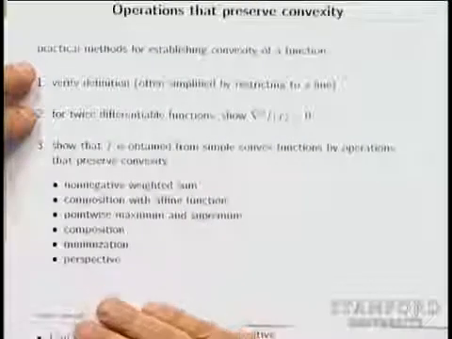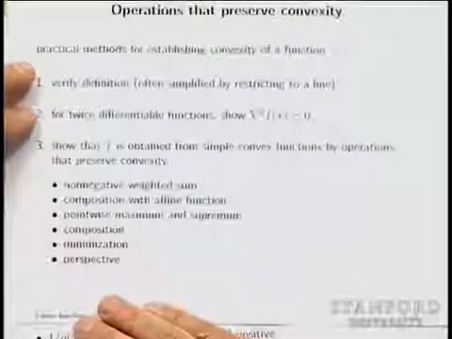What you really want to use is the calculus of convex functions to establish convexity. For that matter, you decompose a function in front of you into a sequence of operations, with the leaves of the tree being atoms. An atom is a function known to be convex or concave or something like that. And here you want to know about the operations that preserve convexity.